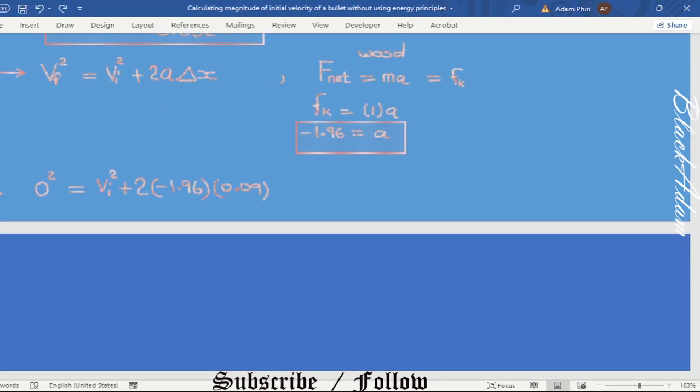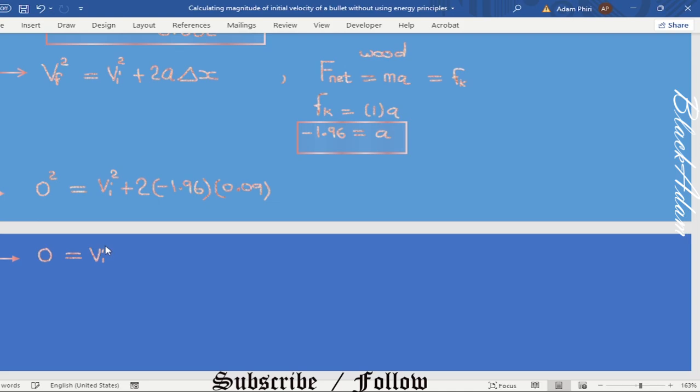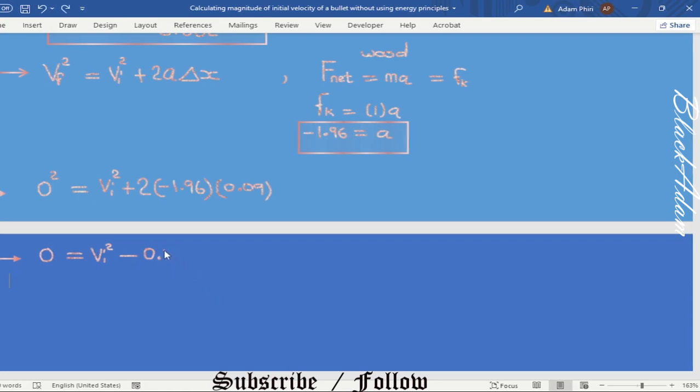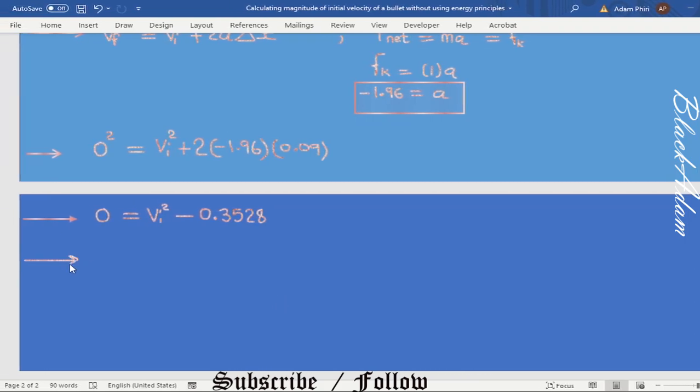Solving for Vi, that's 0 there, and that is Vi squared. So that's negative 2 times negative 1.96 times 0.09, which gives us 0.3528.